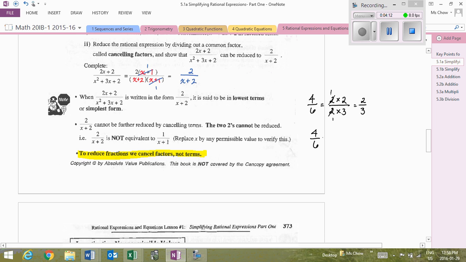I cannot take 4/6 and say that's 2 plus 2, and 6 is 2 plus 4, then cancel the 2's and say that 4/6 is the same as 2/4. This is definitely a no, so we won't be doing that. That's why we're canceling factors. It has to be all multiplication, cannot be addition or subtraction.